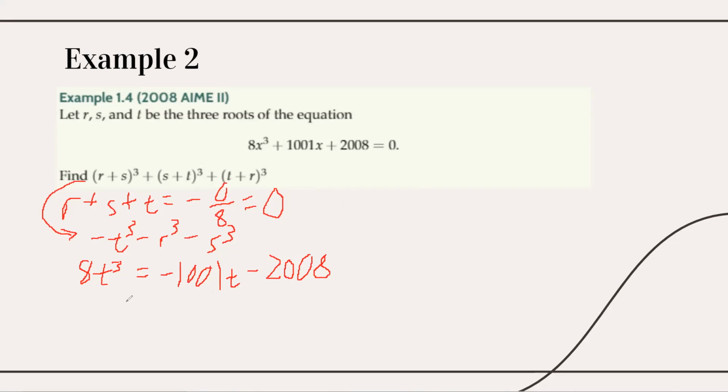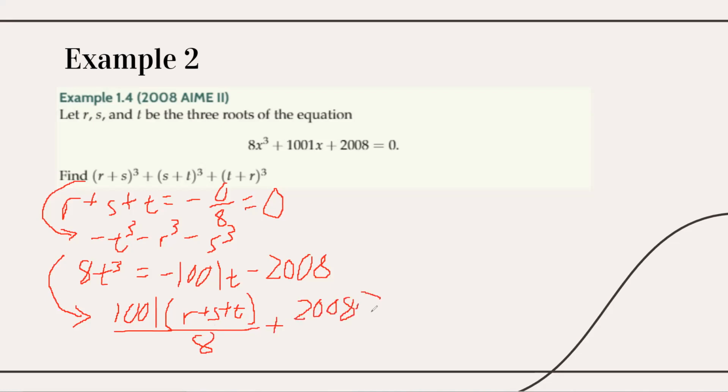So we can just shift the 1000x plus 2008 to the other side of the equation. Right. Okay. So in particular, we can divide this by 8, and then we can substitute into this negative t cubed minus r cubed minus s cubed. And we basically get that we just want to find 1000 times r plus s plus t divided by 8 plus 2008 times 3 divided by 8.